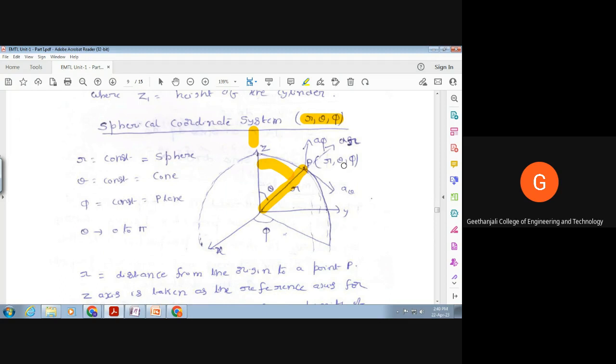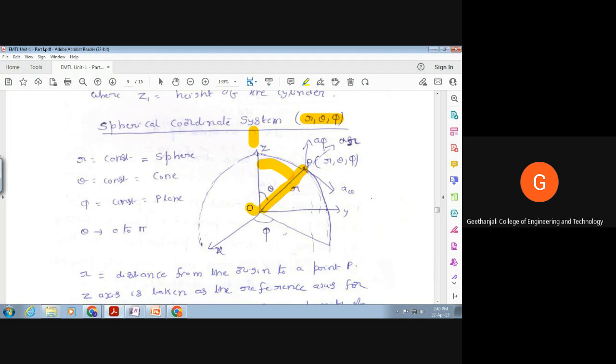Now let us see, if theta is equal to constant, what sort of a surface it gives. Theta is the angle made with respect to the z-axis. Suppose this is the z-axis, this angle is theta. This angle is also theta. Like that, when I join all these points, it gives me a cylindrical, sorry, a conical surface, a cone.